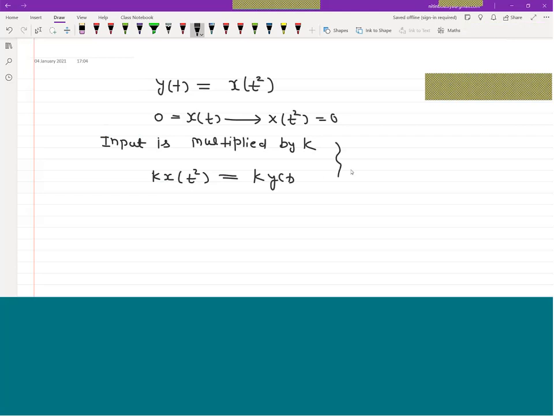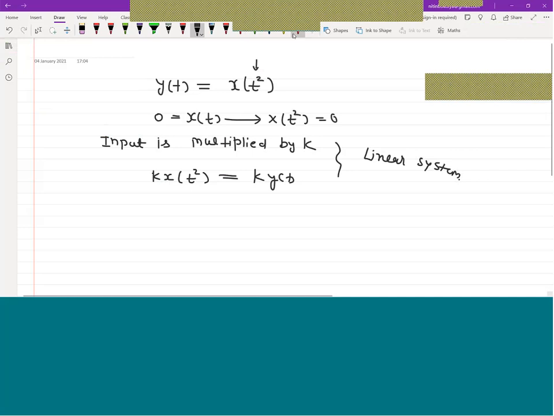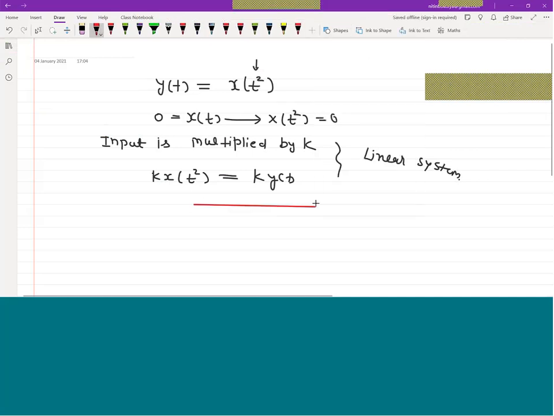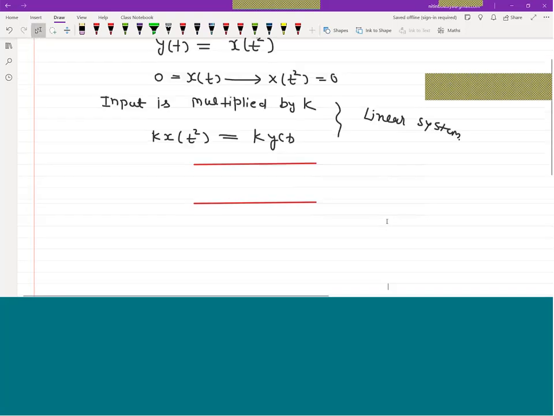So you can say इसका टाइम इंडेक्स का स्क्वायरिंग हुआ है फिर भी सिस्टम कैसा है? You can say system is linear one. लीनियर सिस्टम, जितना इनपुट में चेंज करेंगे उतना ही चेंज आउटपुट में भी होगा. So this system is a very much linear system. आगे बढ़ते हैं.